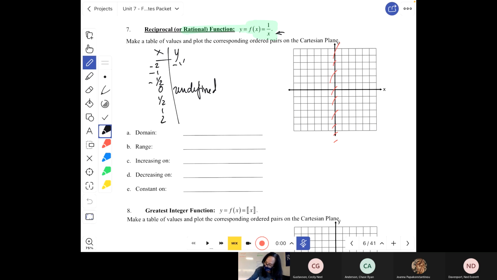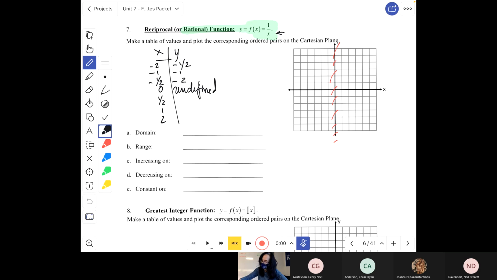And if I substitute in -1, -1. What if I substitute in -1/2 for x? I'm dividing by a fraction, so really multiplying by the reciprocal. What is the output? Is it 2? -2, right? Does everybody see that?